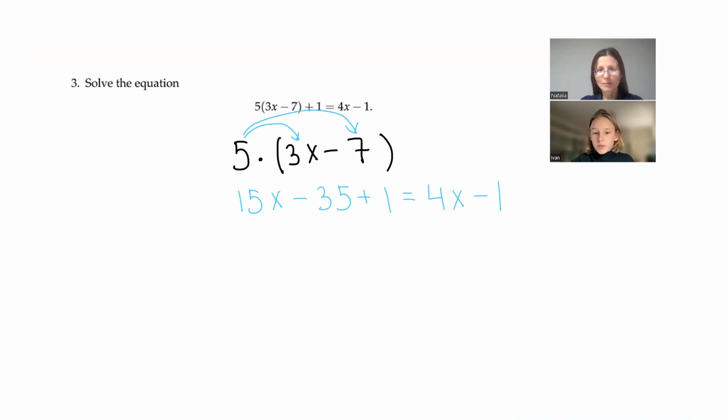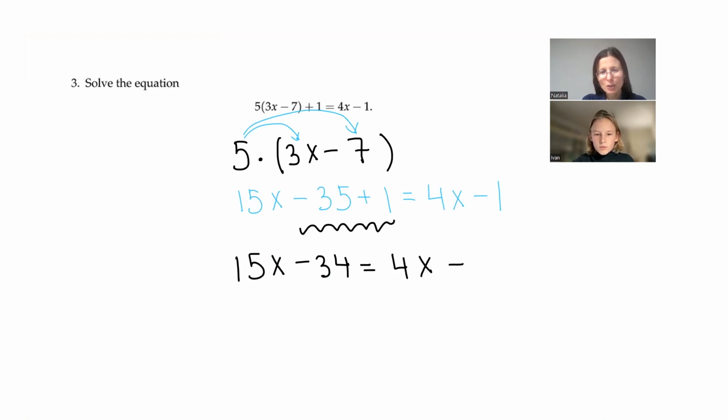But first of all, we should simplify. So minus 35 plus 1, we can basically make it negative 34. Adding 1 in the positive direction. That's right. From negative 35, we're moving up 1. That's minus 34. And here we have 4x minus 1.